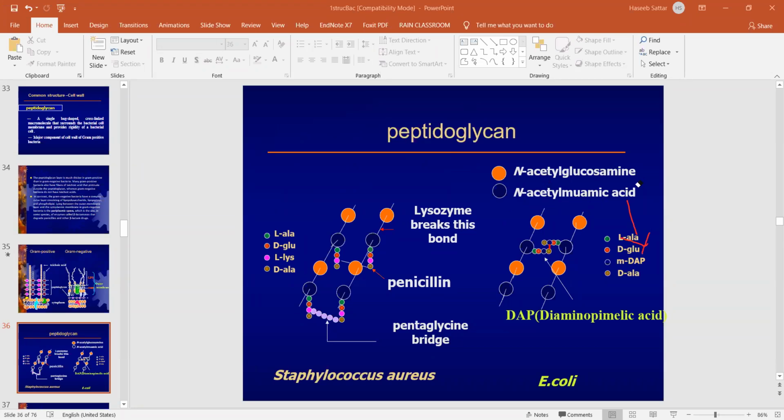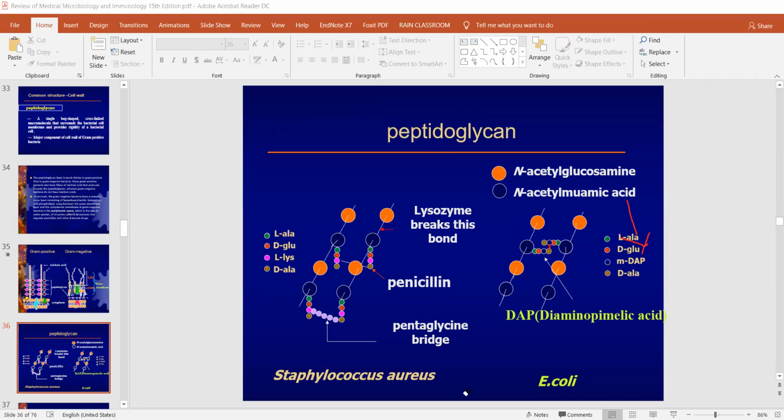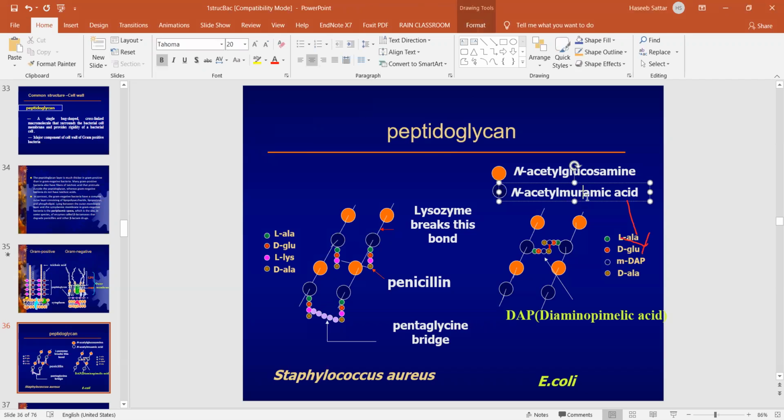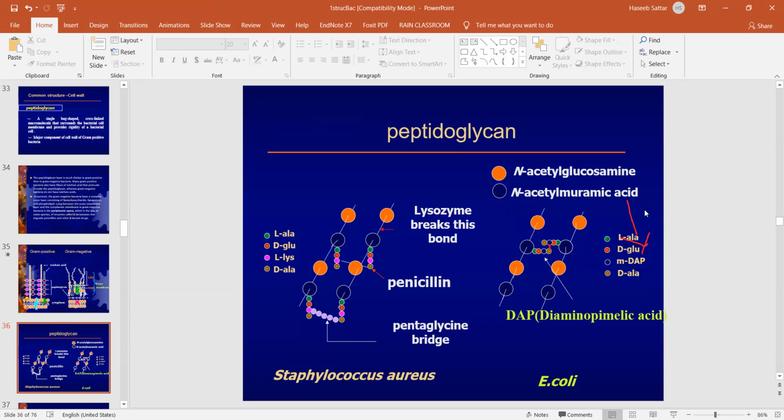So peptidoglycan is made up of two major repeated units. One is N-acetyl glucosamine and the other is N-acetyl muramic acid. These are the two major components.